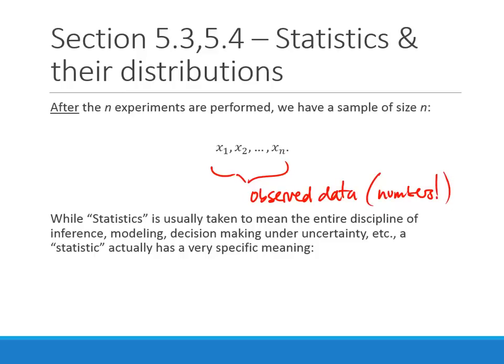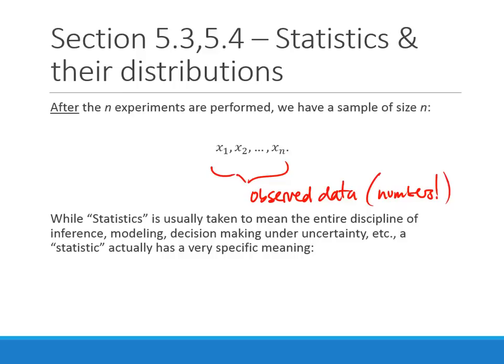So first day maybe it took him 22 minutes to get to work. Maybe the second day it took him 18 minutes, and so on. So after we perform an experiment, we've done this thing n times, and we have information on each one of those trials. So again, we'll follow that convention that we've used before: capital letters are a random variable, lowercase letters are some observed value of that random variable.